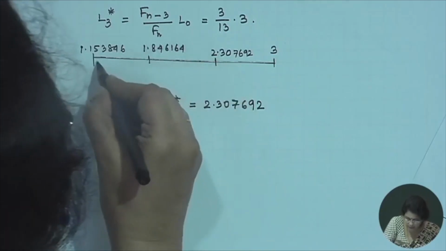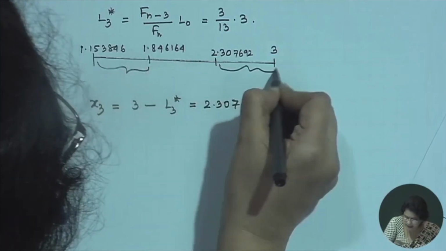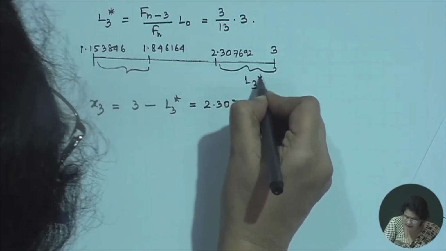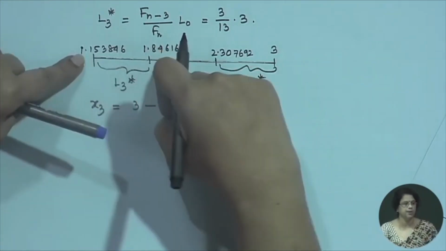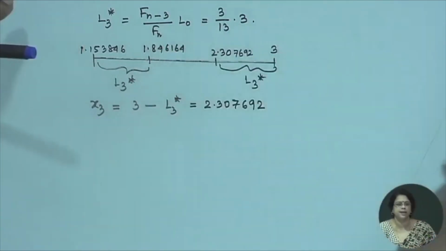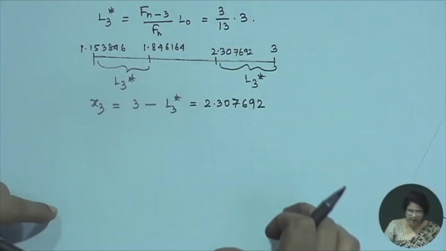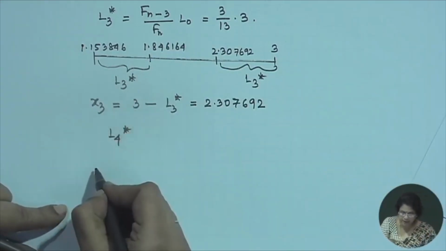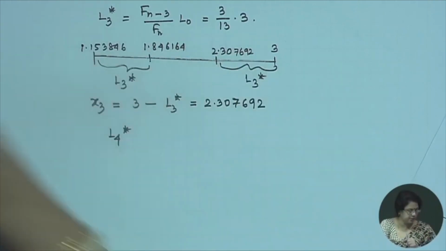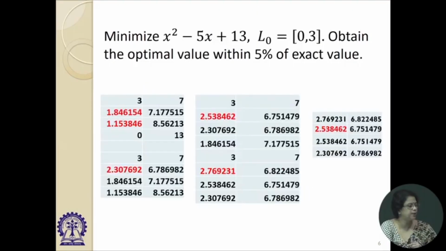You will see this distance and this distance will always be L3 star. I need not calculate this one at all, but it will always come as L3 star. Alright. Again I will do the next iteration, L4 star. Now let us find out the values. I will show you all the values together.